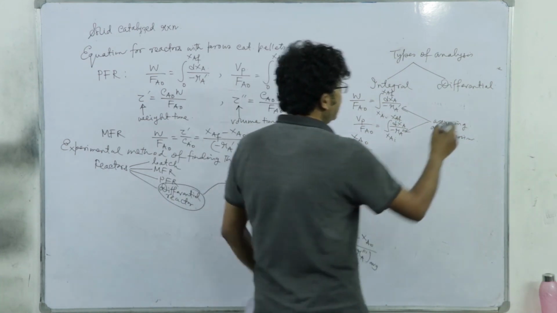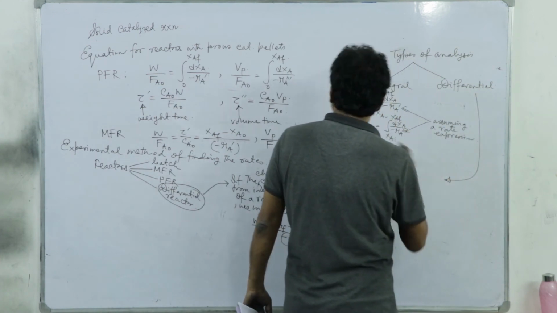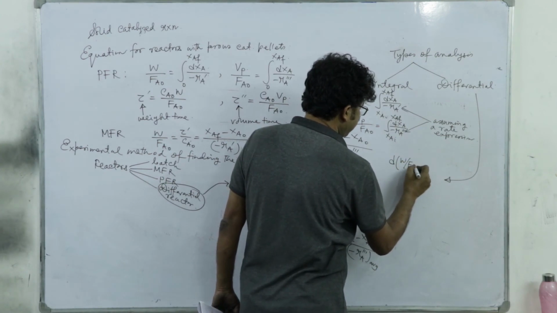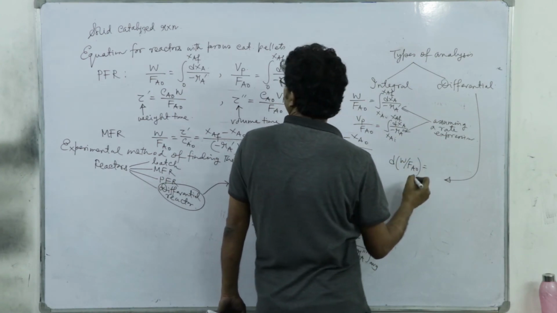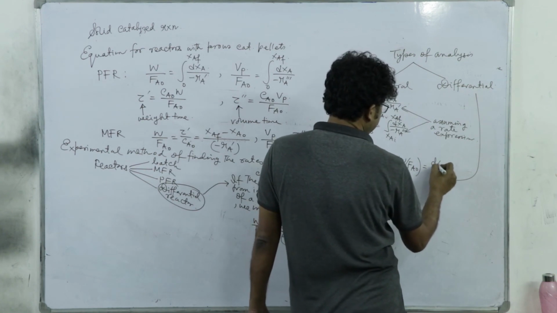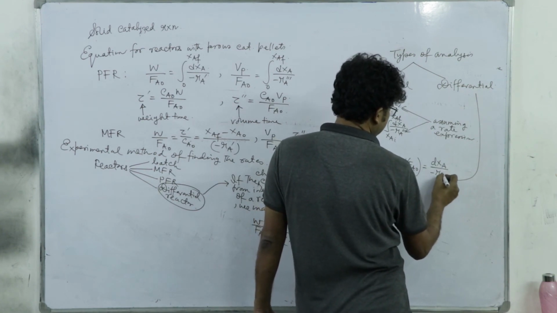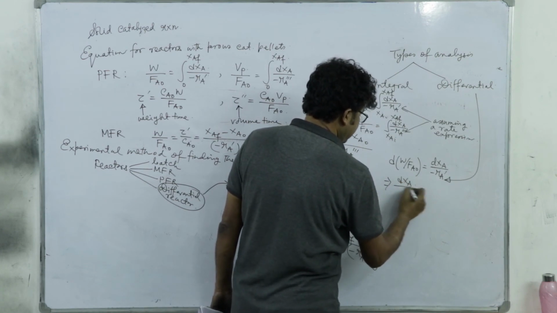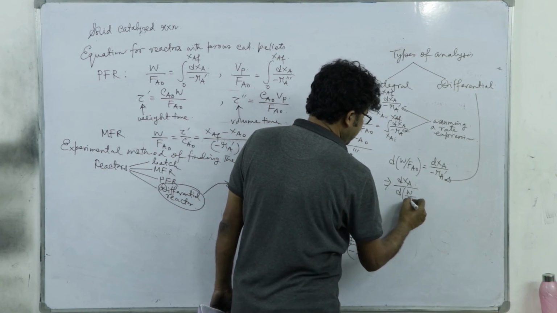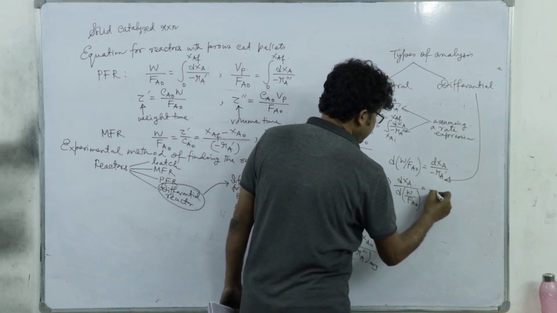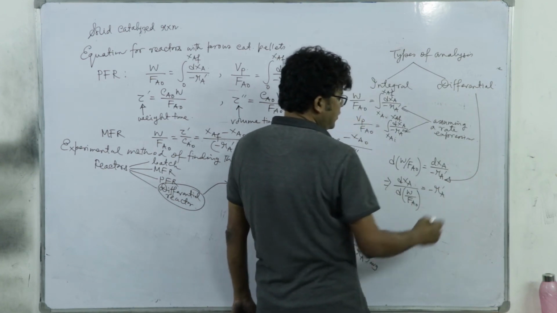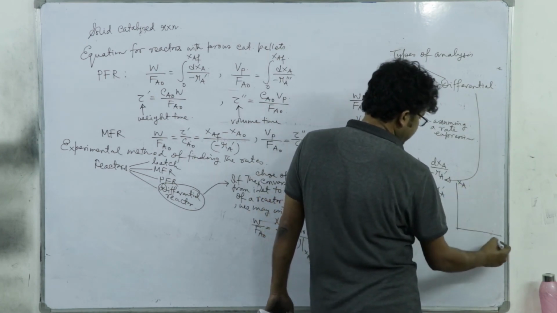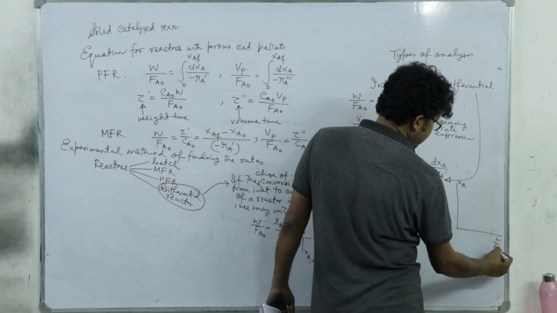Now, differential analysis: if you take the derivative of this formula, we will get that d of W by Fa naught is equal to dxa by minus Ra prime. So, we have dxa, d of W by Fa naught is equal to minus Ra prime. So, what we can do? We will plot this W by Fa naught.